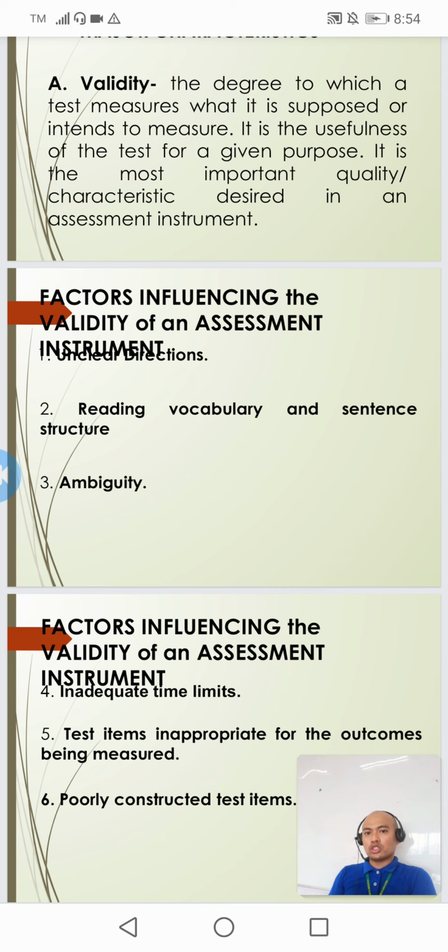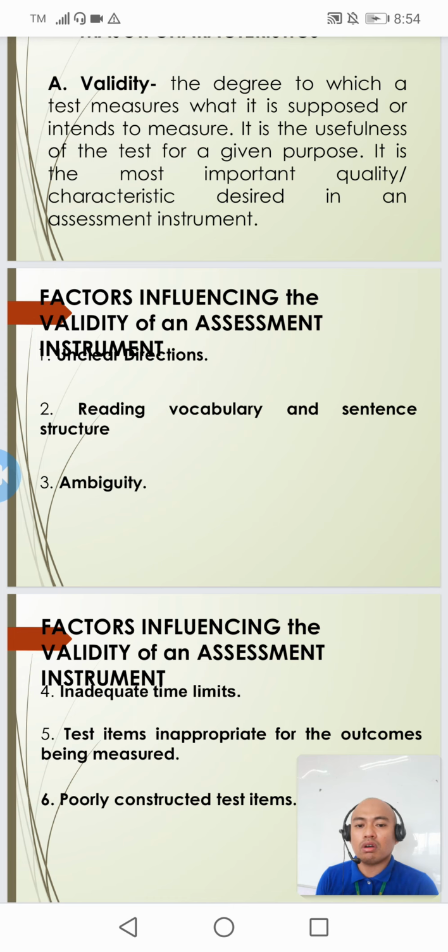Another factor that may lessen the validity of a test instrument is the use of vocabulary words and the use of sentence structure. Make sure that in the items that you are giving to your students for that particular exam, you use simple words.